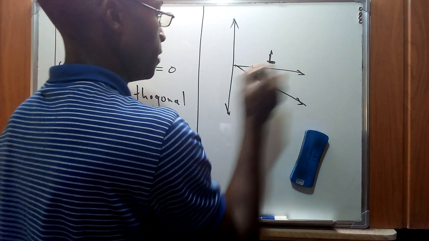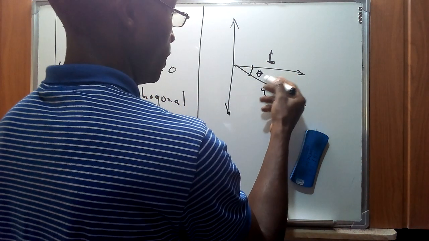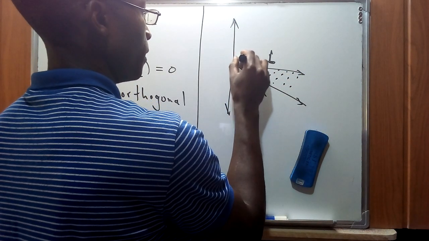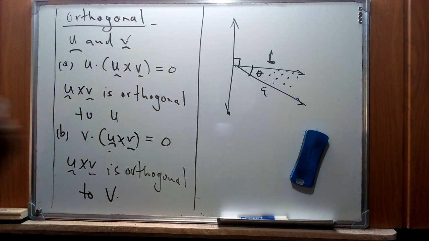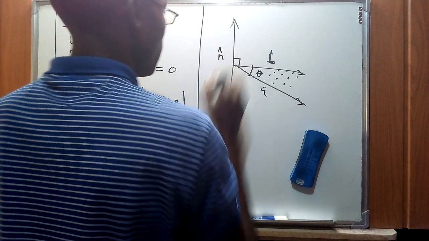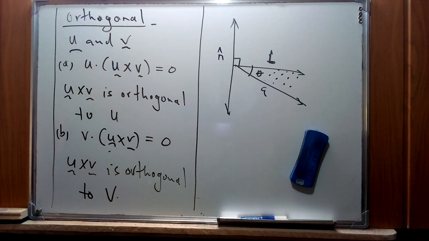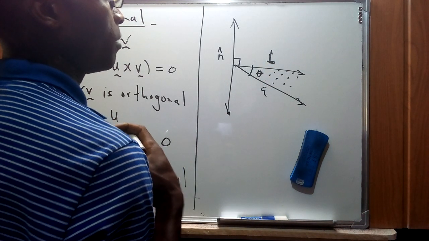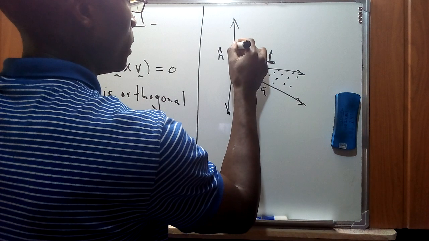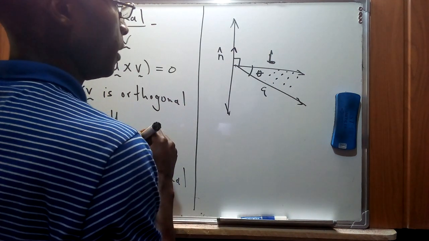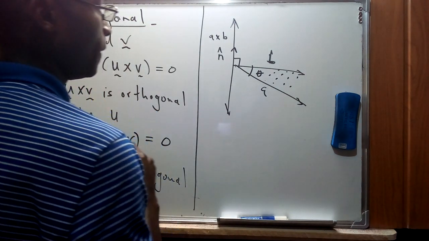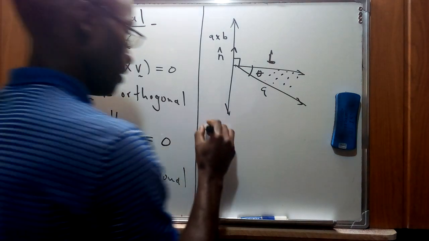So we say that this is a vector AB, and they're forming that specific angle. This specific area is the plane of vectors A and B, and if there's a vector that is perpendicular, which we can refer to as n hat, which represents the normal to this plane of A and B, then the combination is going to form A cross B, and this forms what we call a right hand system.